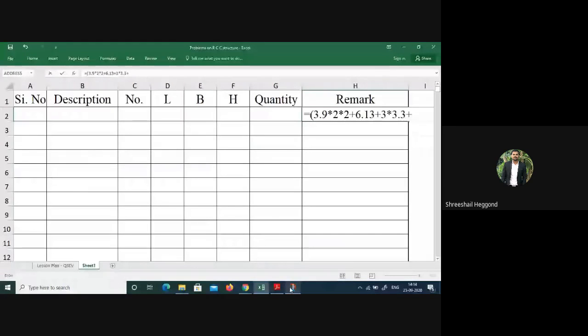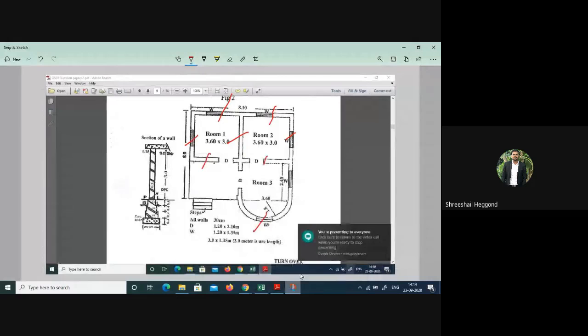Any other walls remaining? The side walls of room number 3, this one and this one. These 2 walls are remaining. The internal dimension is 2.4, and one side is the semicircle wall. Therefore, we are not going to consider extra length on the side of the semicircle wall.